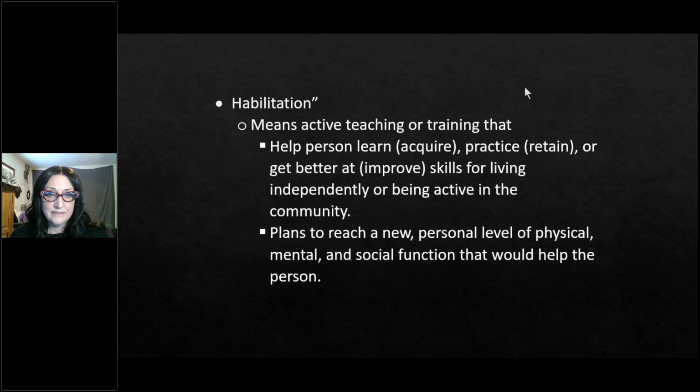And then more definitions: habilitation, active teaching or training that, as we've stated a couple times, helps the person acquire, retain, or improve skills. And then it plans to reach a new personal level of function that would help that person.